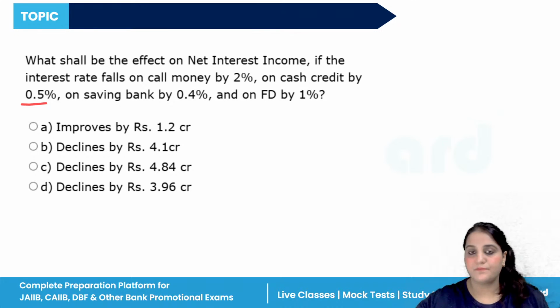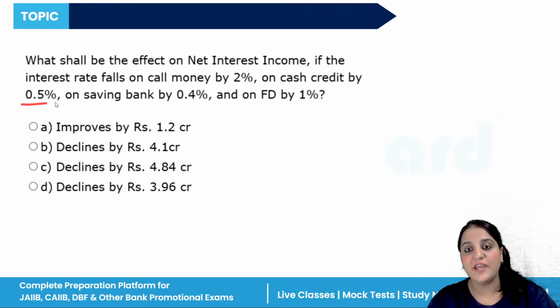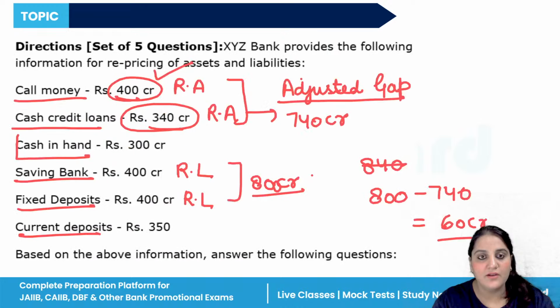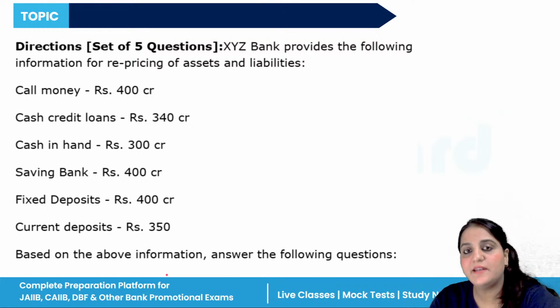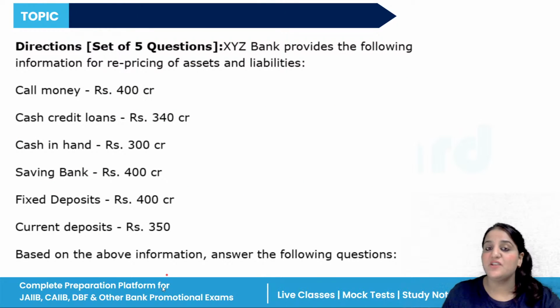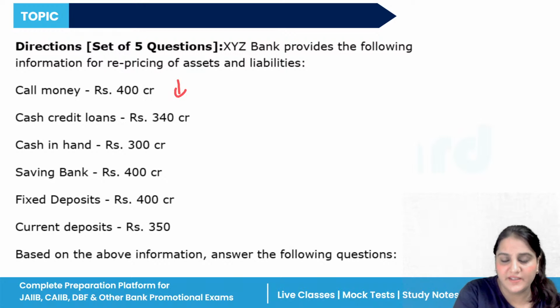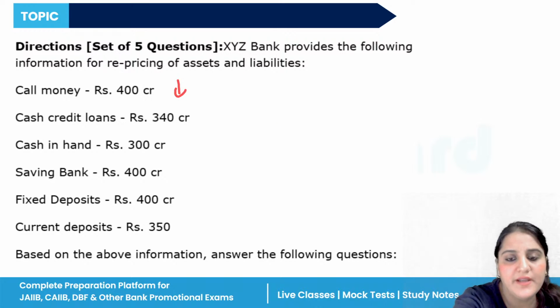Simple. How can we calculate this? See, call money by 2%, and call money is given as 400 crore, right? Then cash credit by 0.5%.